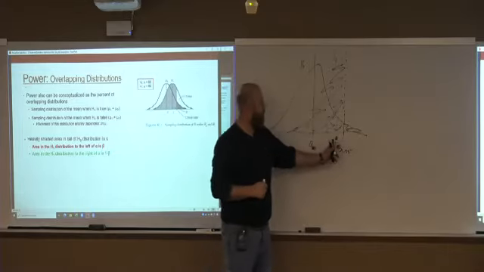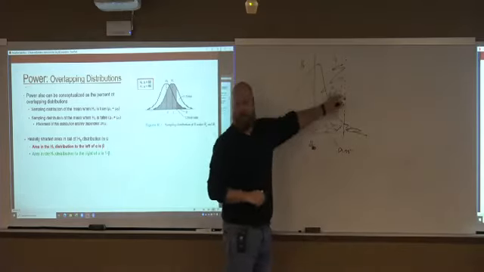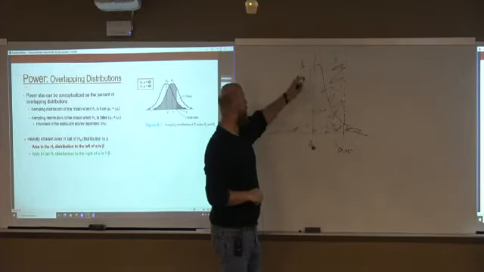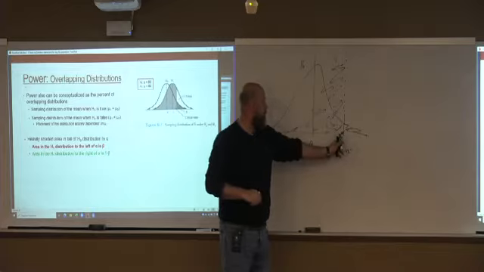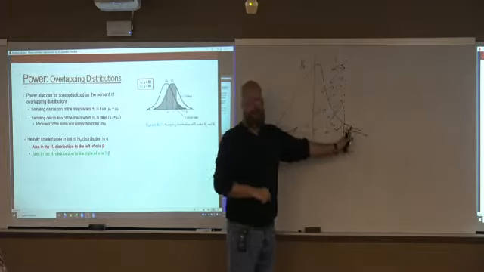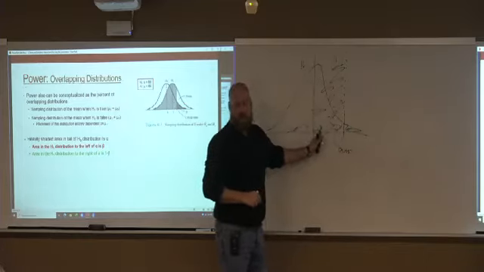So again, all of this is occurring in the actual population value, right? But it's overlapping with my null distribution. And if this is my cutoff for rejecting the null, but the values I'm getting are over here, what am I going to do?